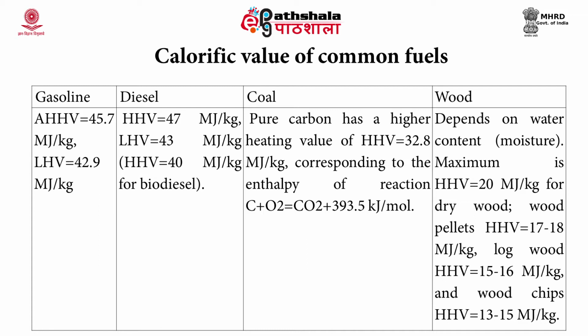As the moisture content of the wood increases, its high heating value reduces. When wood is converted to coal, it has a little bit more heating value, and compared to coal, gasoline and diesel have the higher heating value, or energy content.